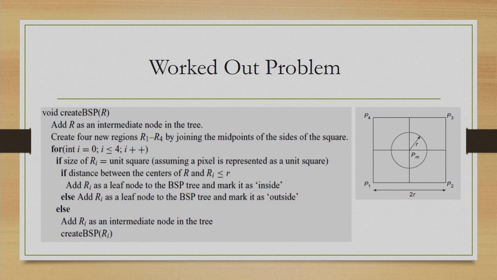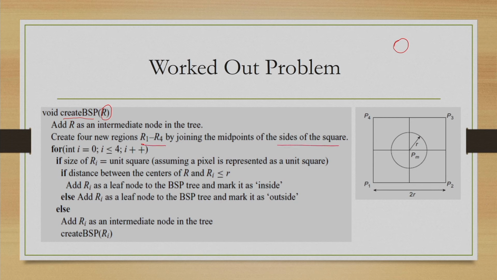Using that idea, what can we do? We can write an algorithm for a function create BSP where R is the input region. Now, we will use R to create a node, then from R we will create four regions by joining the midpoints of the sides of the square.